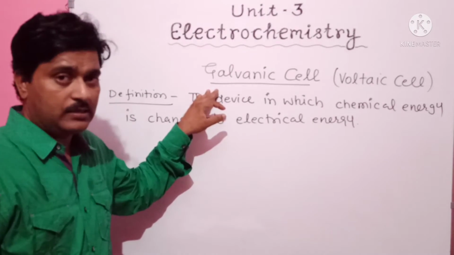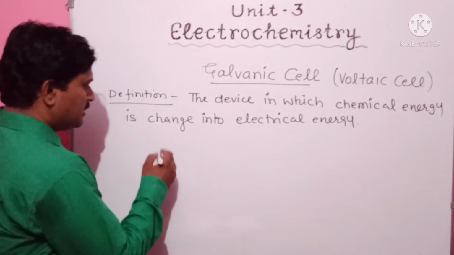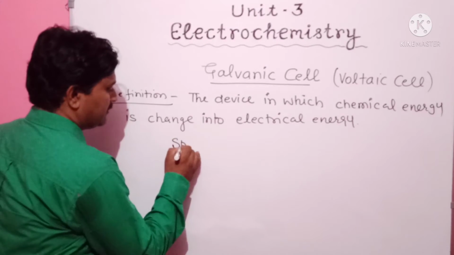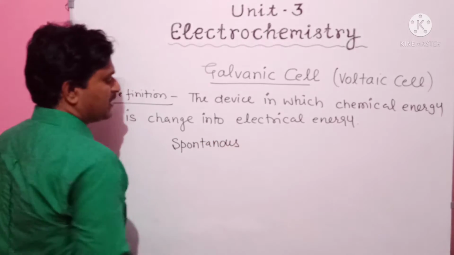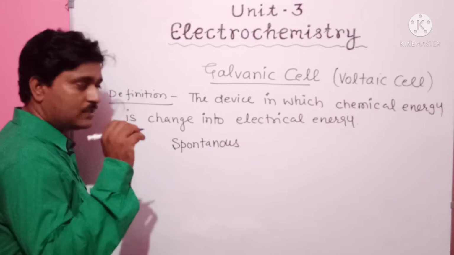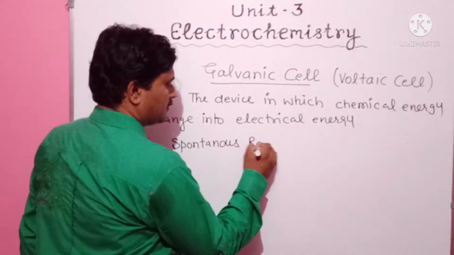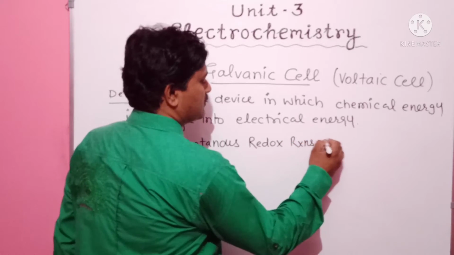Regarding the galvanic cell, one point is very important. That point is that spontaneous redox reactions occur.